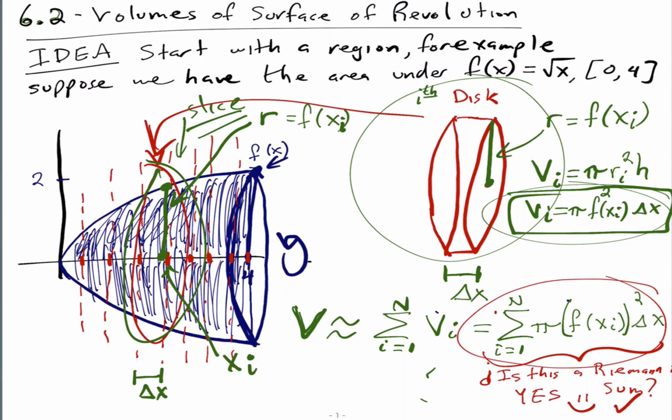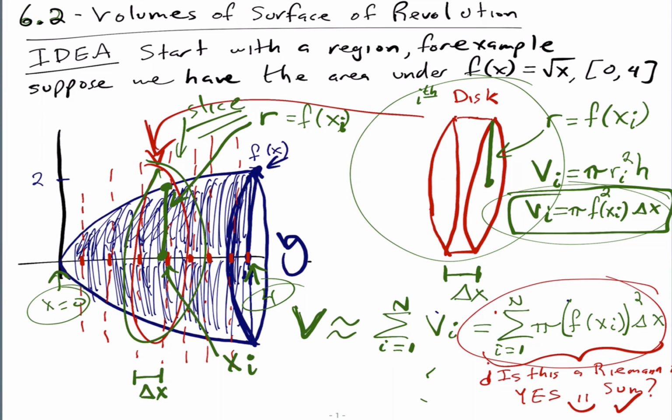And then you take that and add infinitely many of those, in this case from x equals 0 to x equals 4. So the way you want to imagine it is you're starting at 0 and 4, and you're scanning through from the left endpoint to the right endpoint.